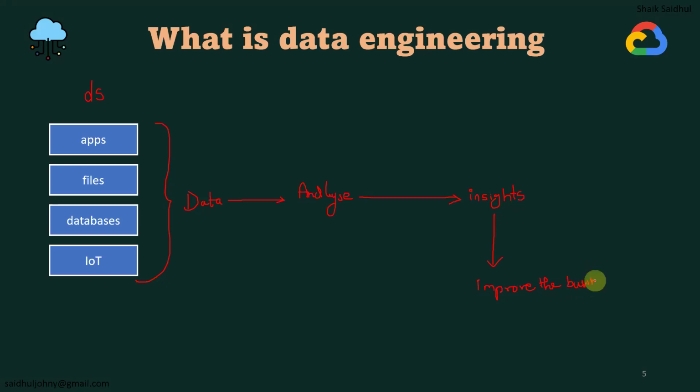So every company's main goal is to improve their business. If you want to improve the business and be a leader in the market in your area, you have to properly focus on your data, right? Earlier people were not worried about data.